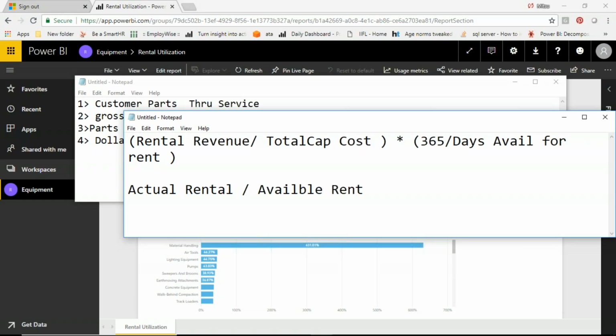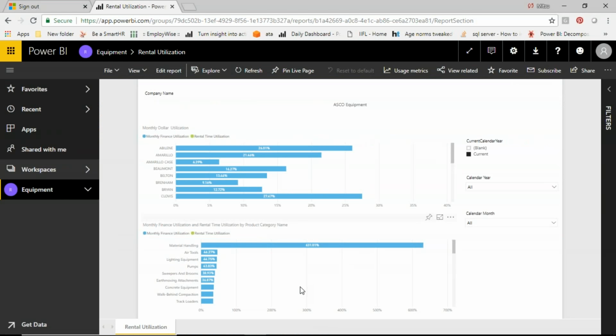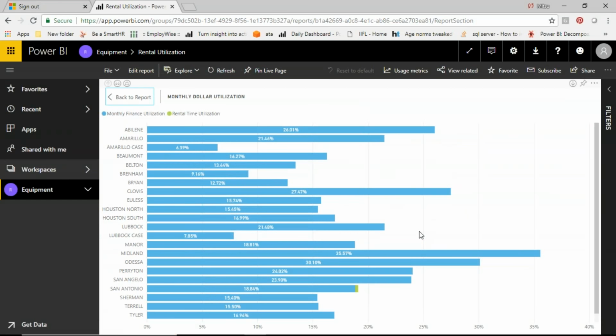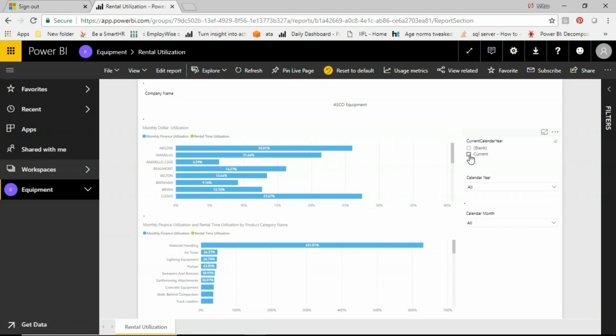Available for rent means if the machine was in the rental fleet, we consider it to be available for rent. Okay. We can look at this in more detail tomorrow because I need to work on some numbers and see what they're looking at. The dollar utilization seems fine, but the time utilization is just off.